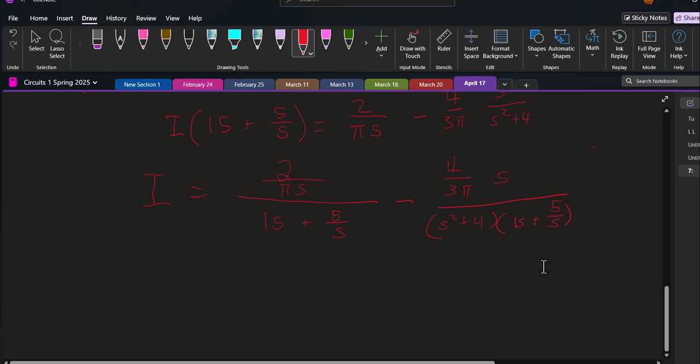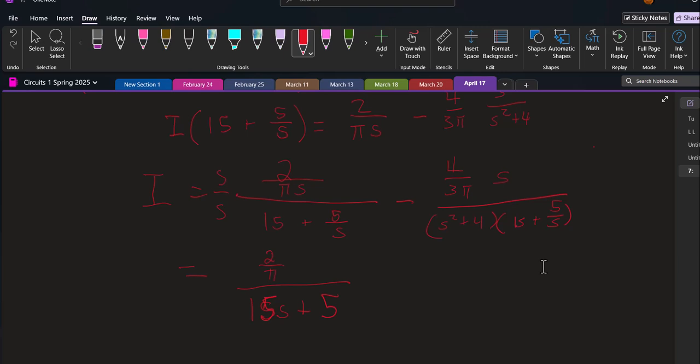So now, if I multiply by s over s, I get 2 over pi over 15s plus 5 minus 4 over 3 pi s squared over s squared plus 4 times 15s plus 5.